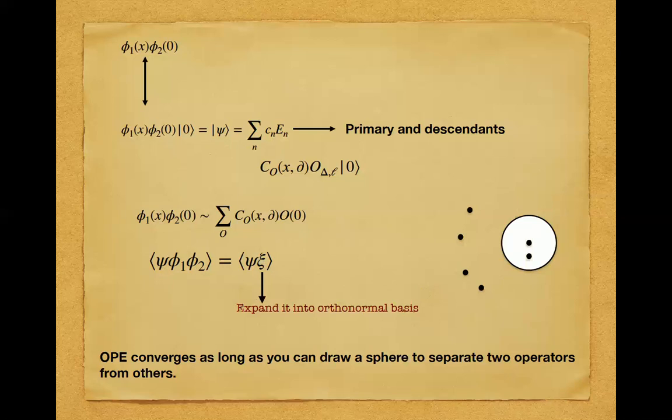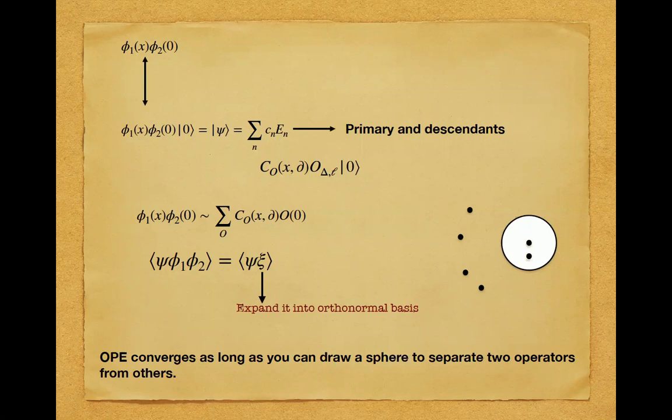as you know, the eigenvectors of the dilatation operator and their descendants form a complete set. Therefore you can expand them in an orthonormal basis, and when you do that expansion and take the inner product of them, that is a perfectly well defined quantity. Okay, this is a theorem on the Hilbert space.